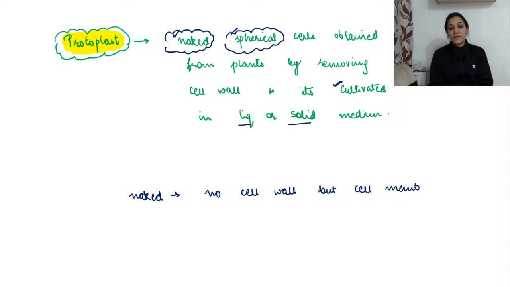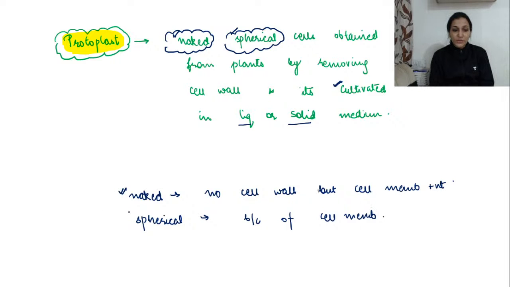And spherical we are saying because of the cell membrane, which is the outermost layer. These are the two words which we are using over here, right?